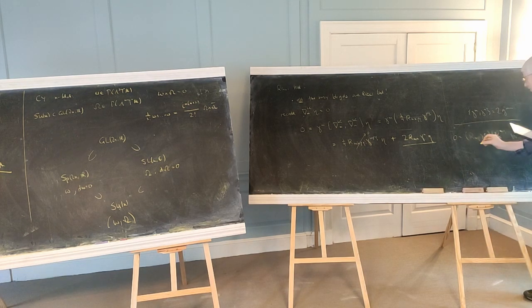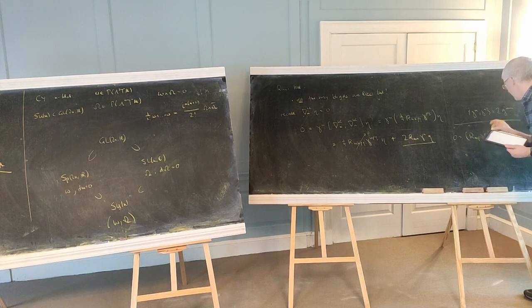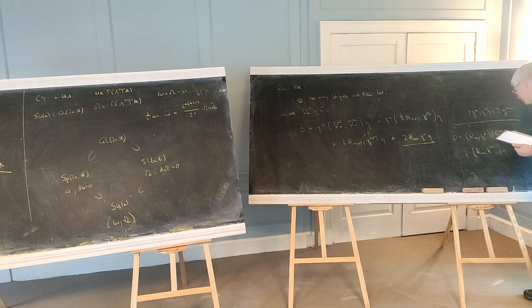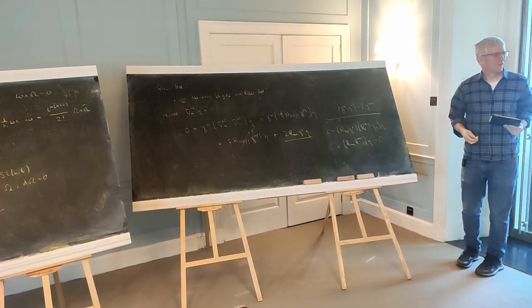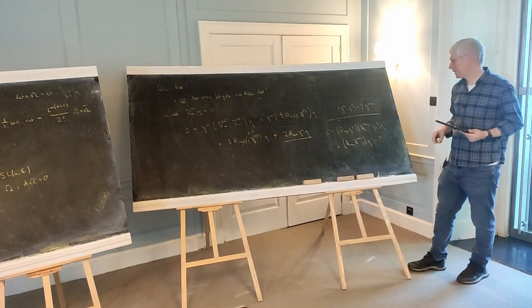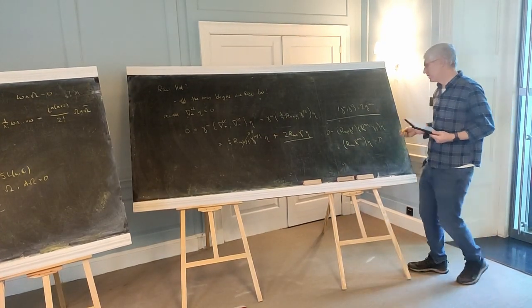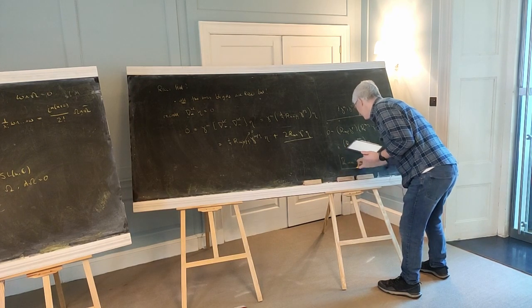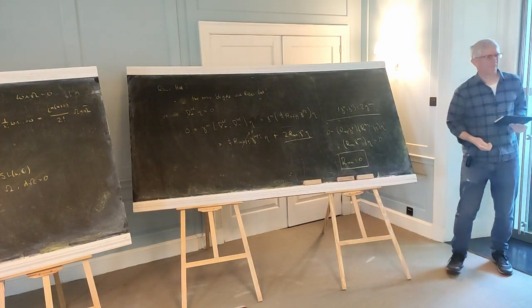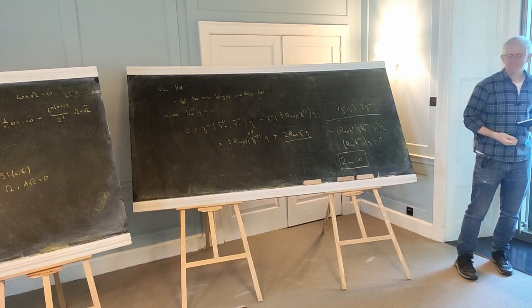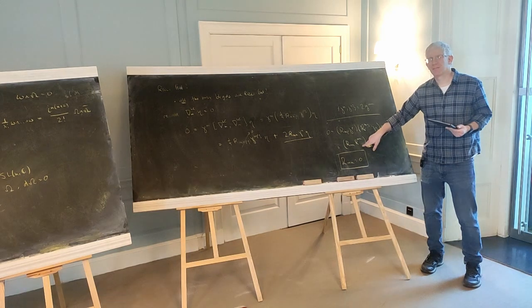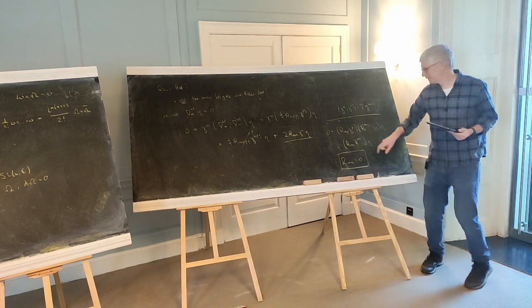I do some more gamma matrix tricks, and this just becomes R_{mn} R^{mn} acting on the spinor is 0. So the square of the Ricci tensor has to vanish. The metric's positive definite, so that tells me that the Ricci tensor itself has to vanish. Okay? This is a sum of squares, so each thing has to vanish separately.